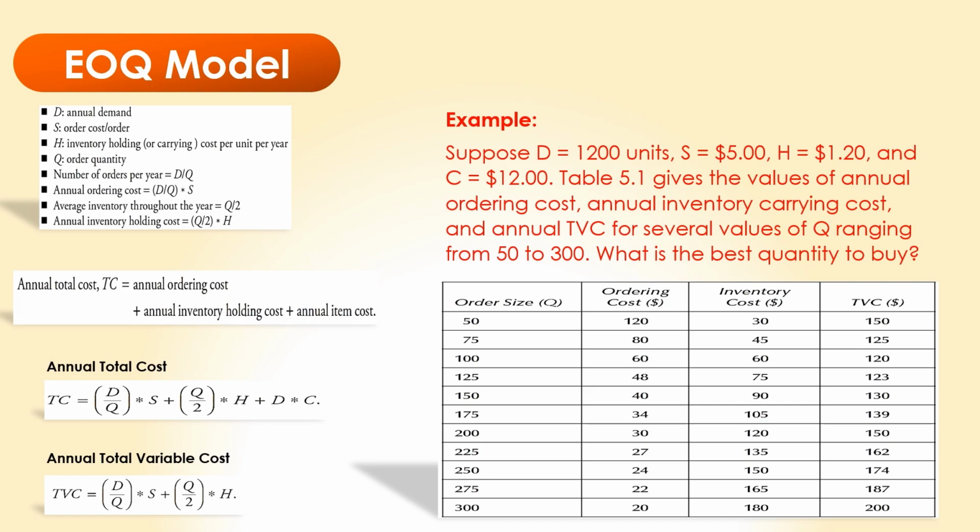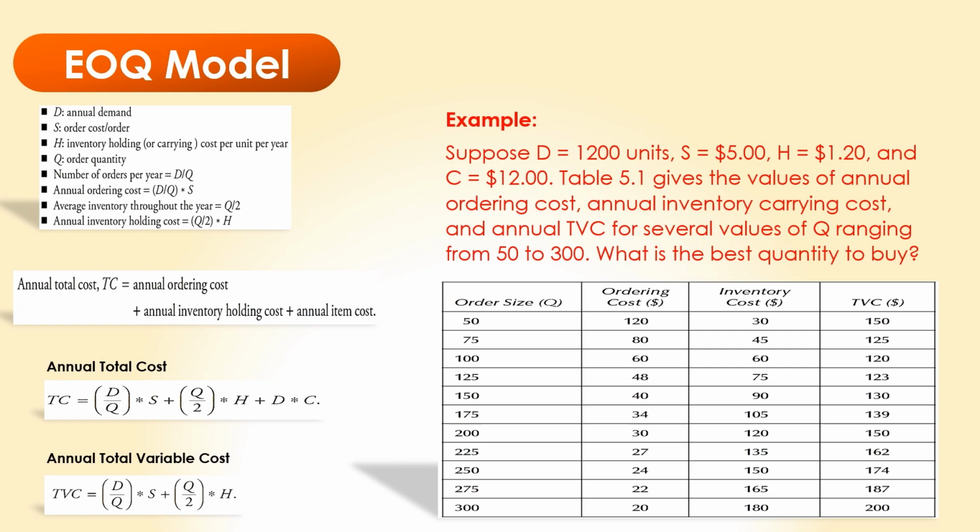So dito, i-analyze natin alin ba yung best order size. So the table gives the values of annual ordering cost, annual inventory cost, and the annual total variable cost for several values ranging from 50 to 300. So what is the best quantity to buy? Ang sagot po dito is 100.